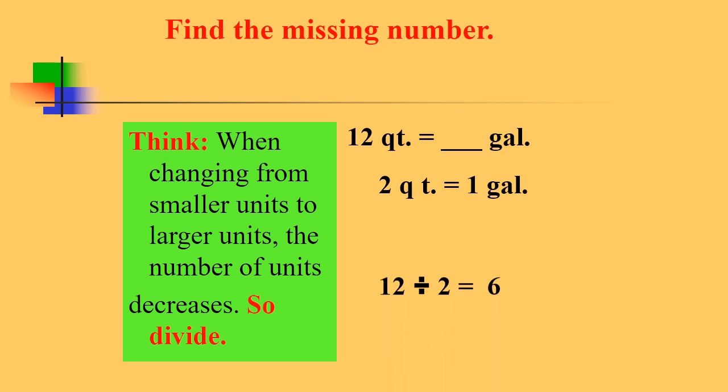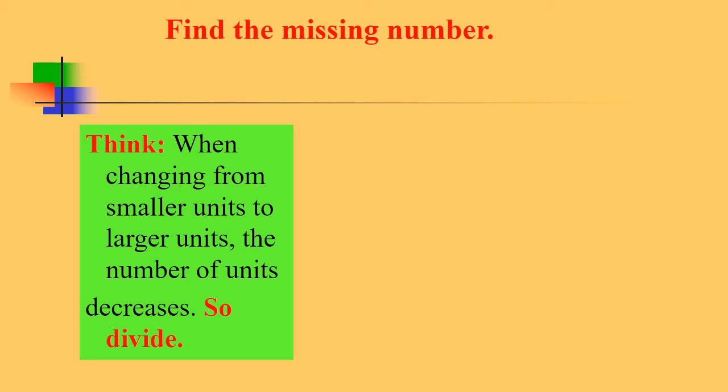Let's look at another one. We have 16 pints equals blank quarts. So the question is, are we going from larger to smaller or smaller to larger? Remember that pints is smaller than quarts.